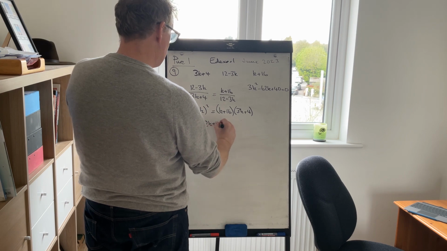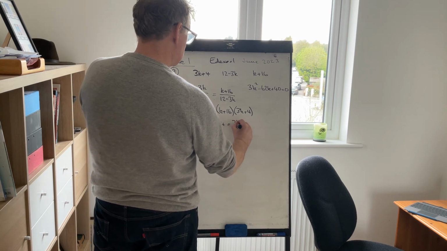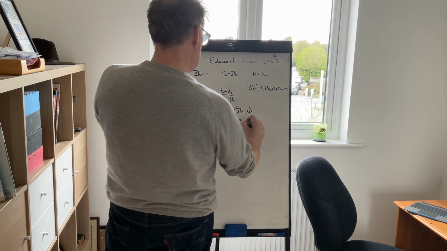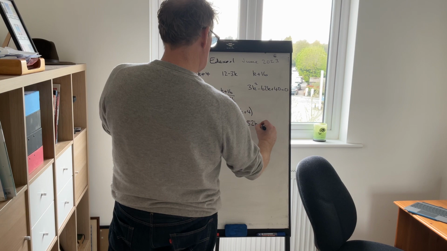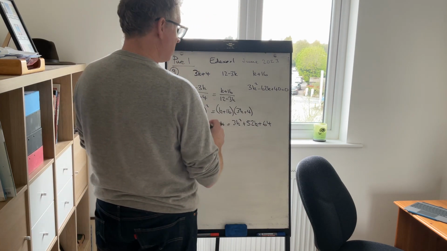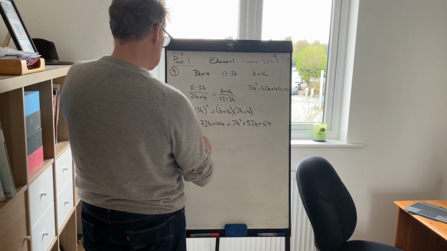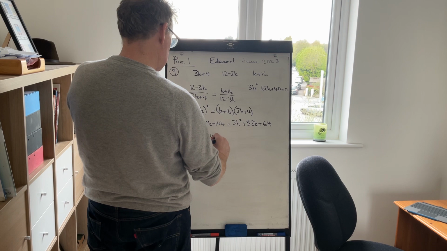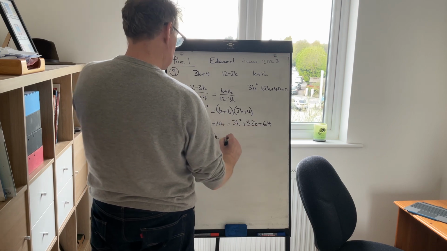72k plus 144 equals 3k squared. What's that? That is 52k and then 64. Okay, so taking everything over onto one side, we get 6k squared there, we get minus 124k there, and we get 80.